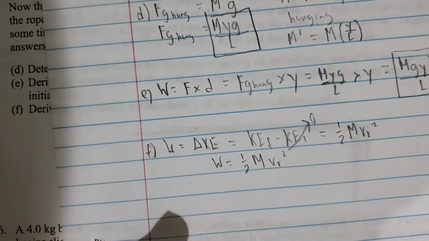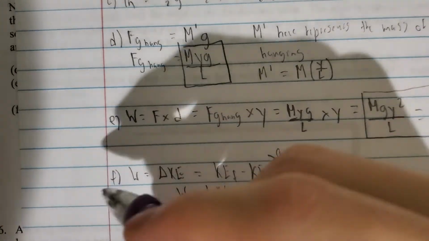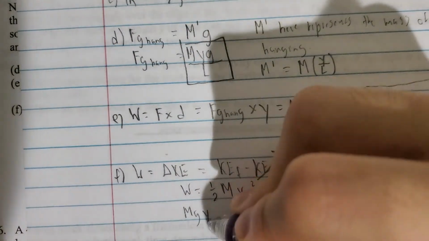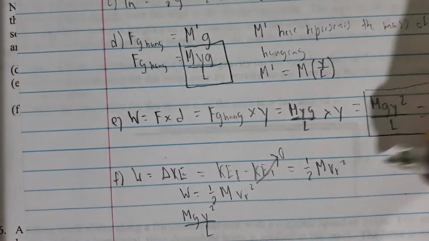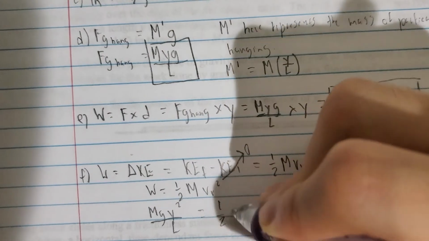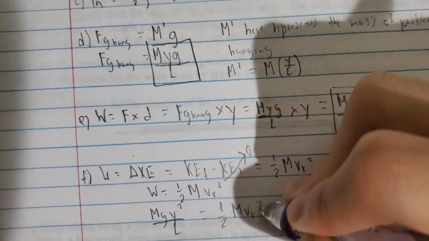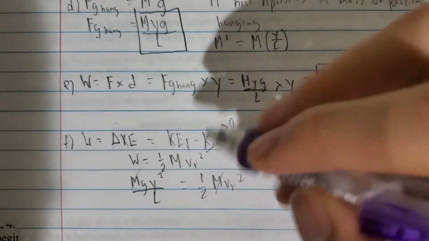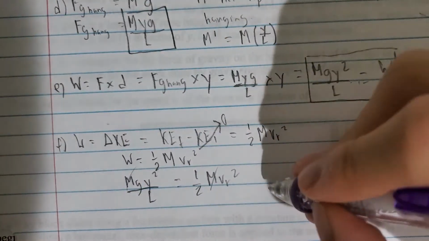Alright, now work I've defined up here, so I'm going to plug it in right now. So m g y squared over L is work up here, and that's equal to 1/2 m times Vr squared. The masses cancel out. I want to isolate for Vr, so I multiply by 2 and square root everything.